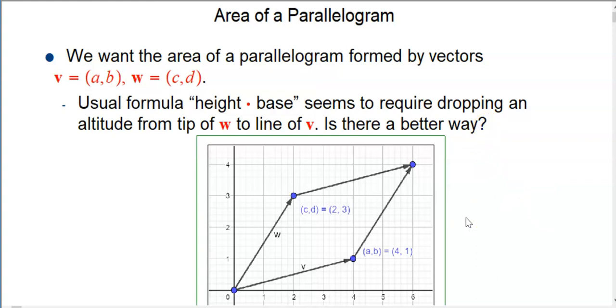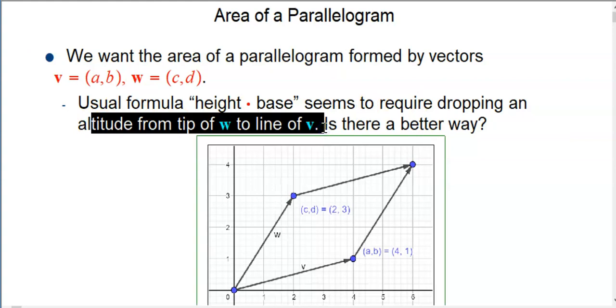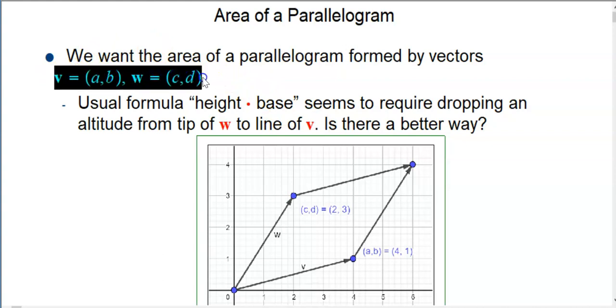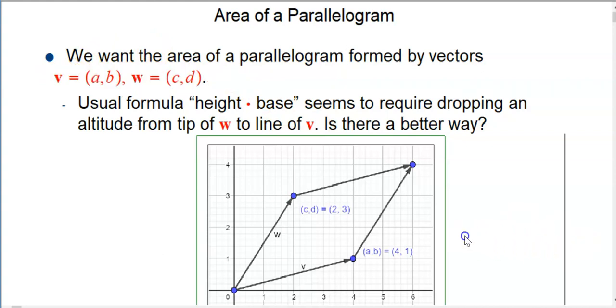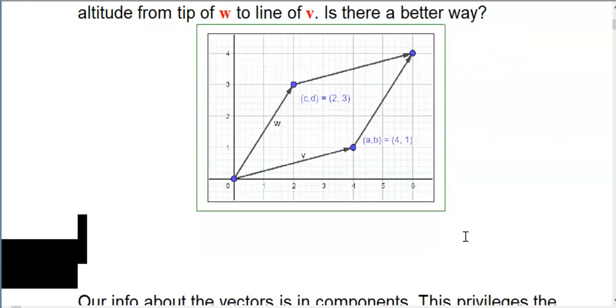So the first clue that there might be a better way is that dropping an altitude from the tip of W to V, okay, dropping an altitude is a great idea. In any geometry problem, the first step is usually draw more stuff. But the way the vectors were given is in components, and that's a big hint as to a better way to draw more stuff in this situation.